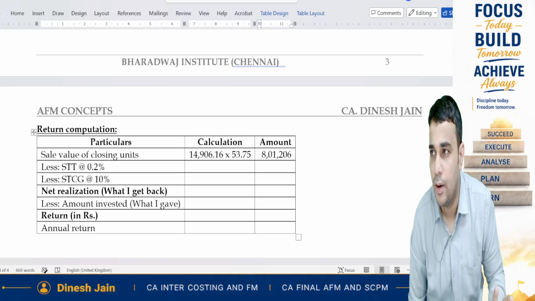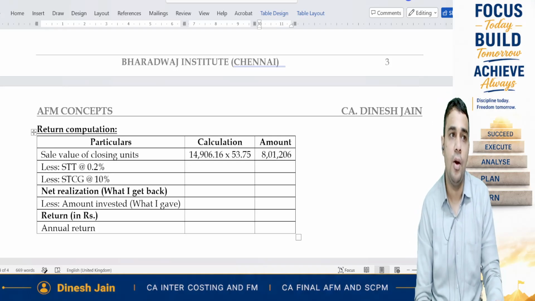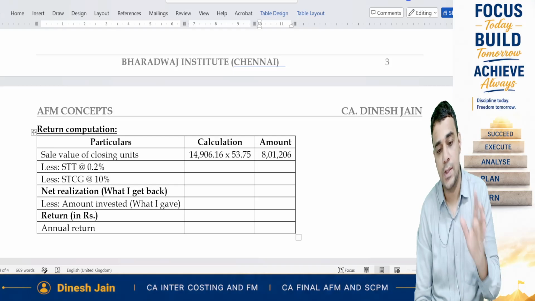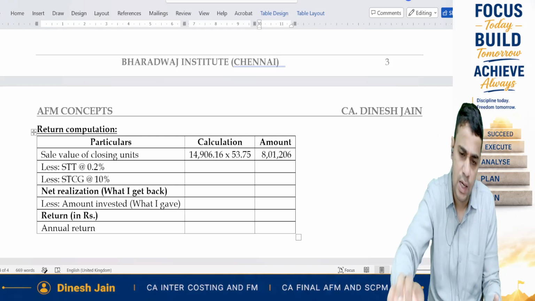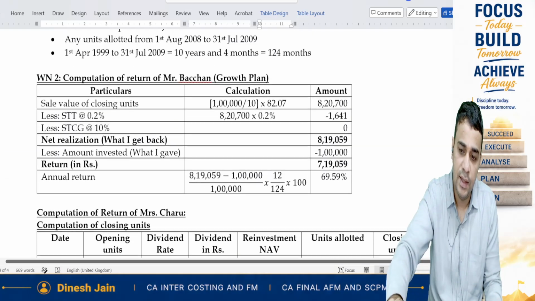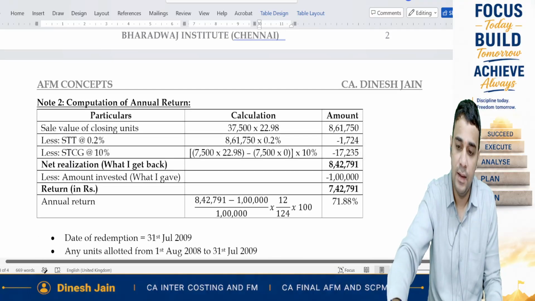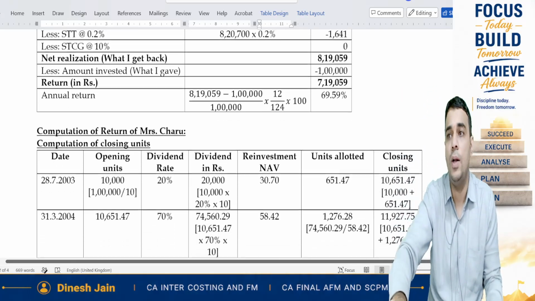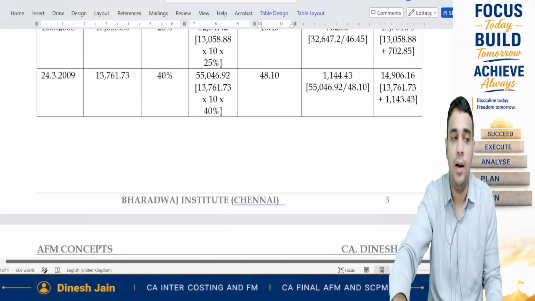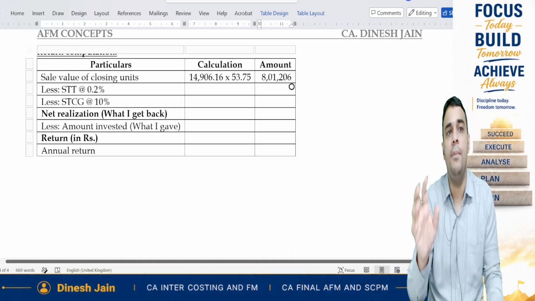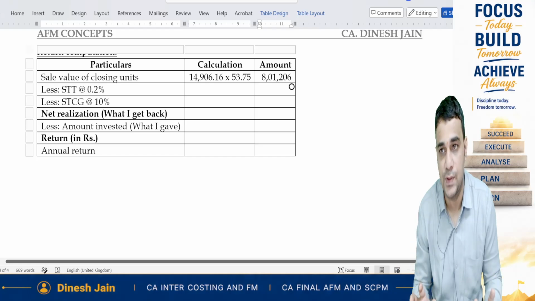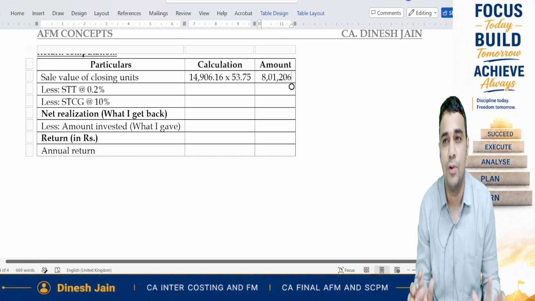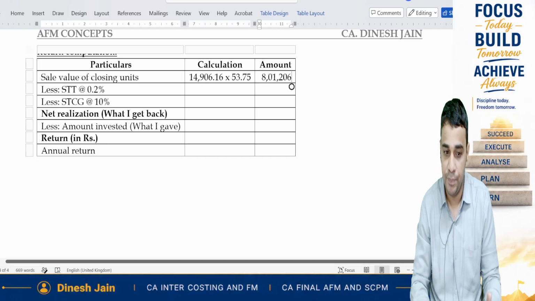No decimal, I will not do decimal working. 801,206 is the closing number. You see the closing number. Here we got 820. Here we got 861. 861 looks very high to me, but generally all the three plans will almost give the same amount. That is how the plans work. So technically there is no difference in the three plans.